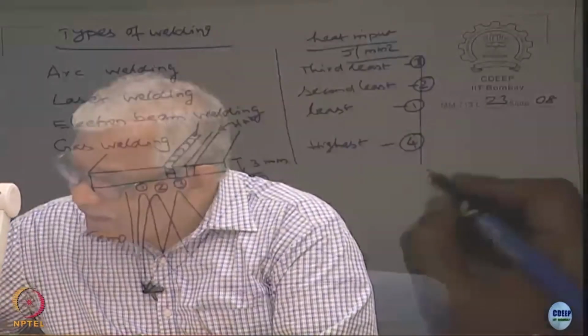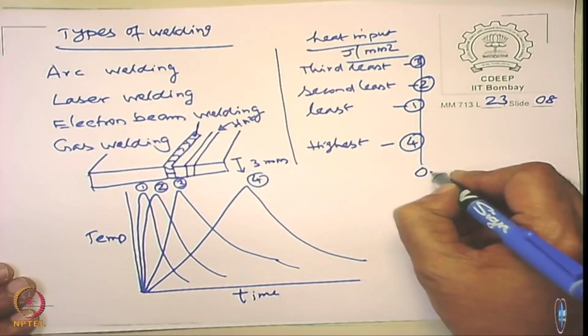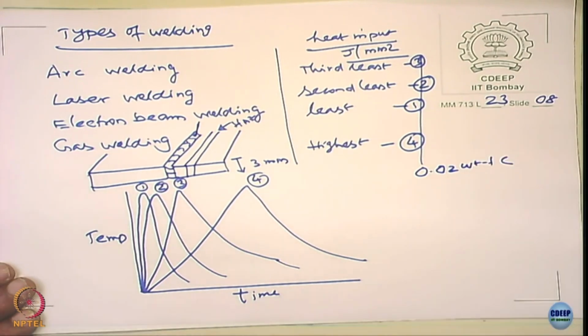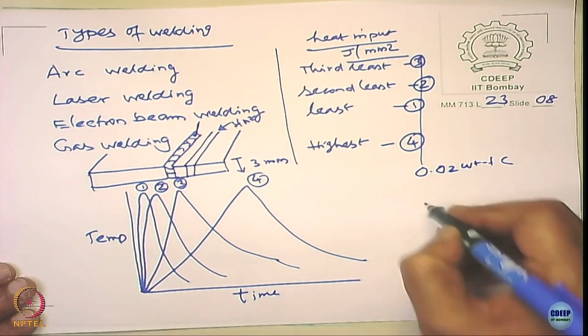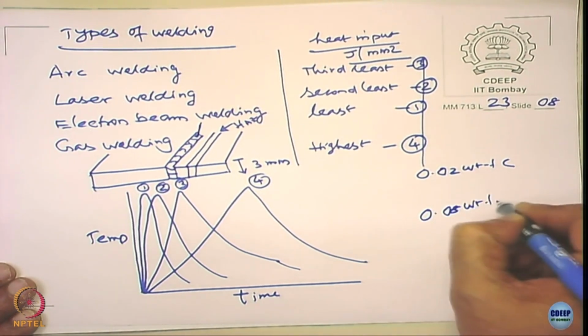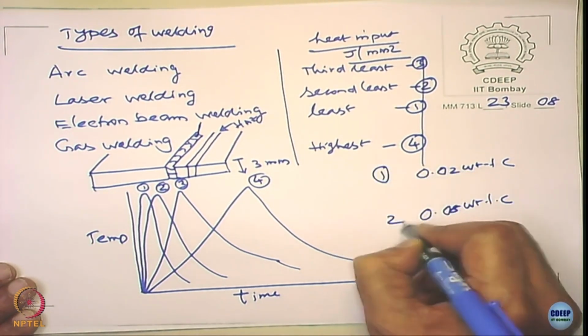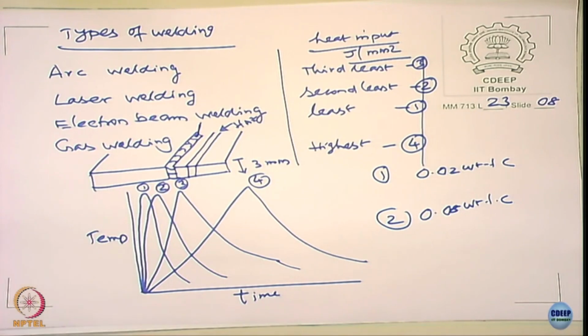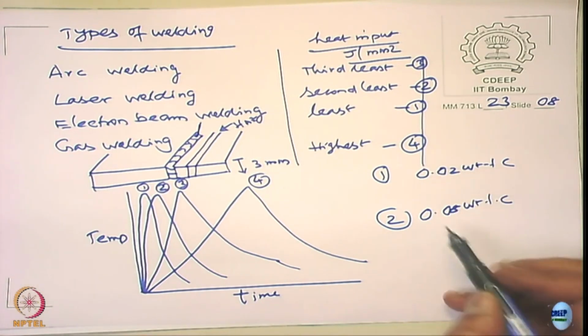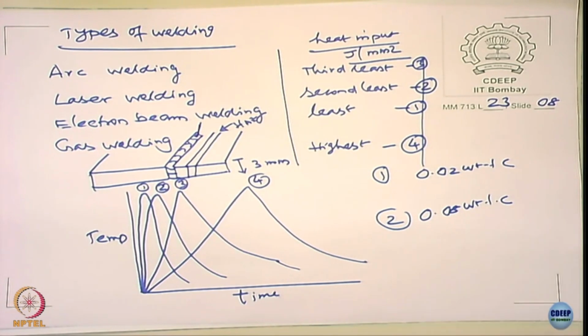Now, let us say I have 0.02 weight % carbon and I have 0.08 weight % carbon, 1 and 2.